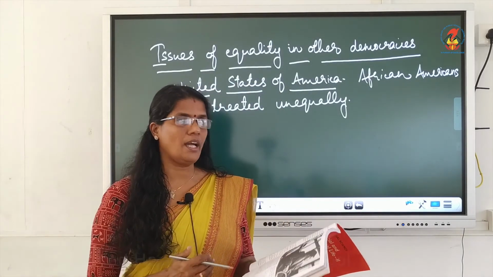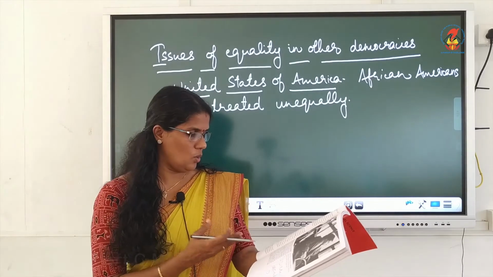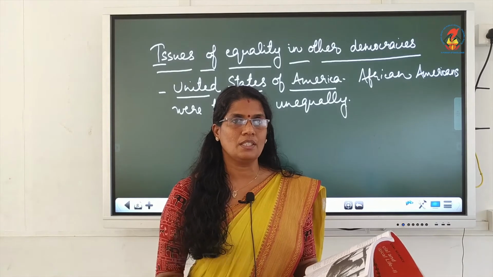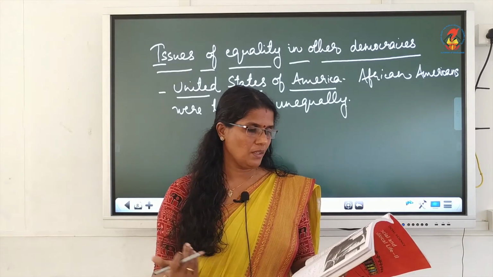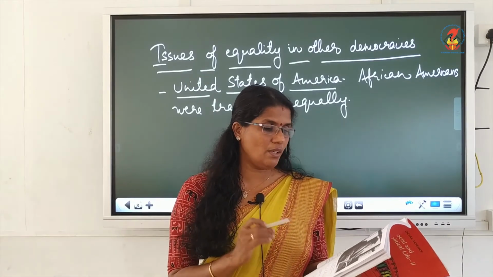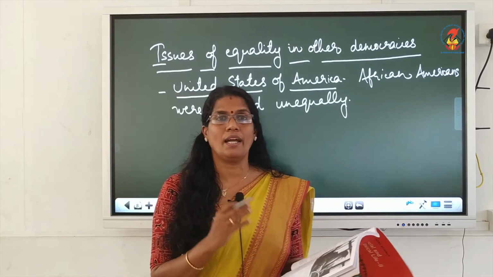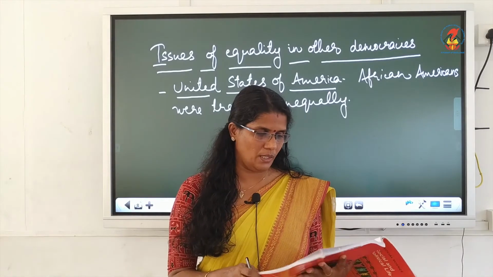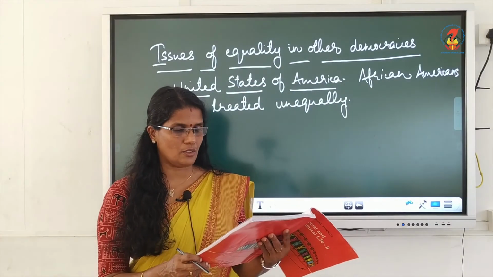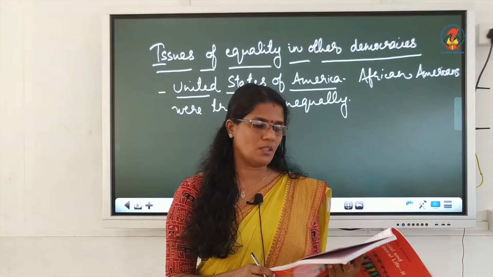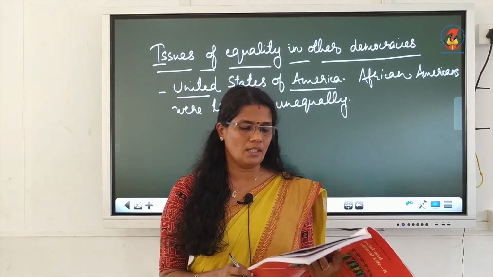So, she said, I am not going to go away from this seat because she is equally tired as that other person. She said, I am not going out of the seat. So, this started a civil rights movement to ensure that both African and Americans should be treated equally. Now, the Civil Rights Act of 1964 was passed and it prohibited discrimination on the basis of race.